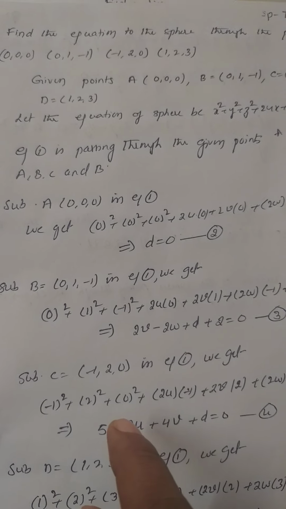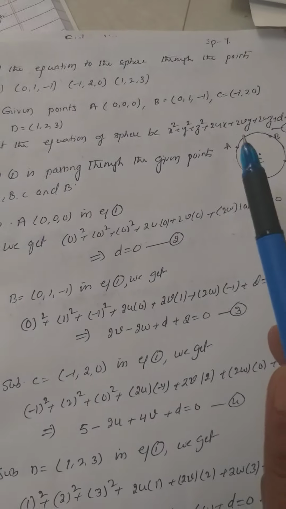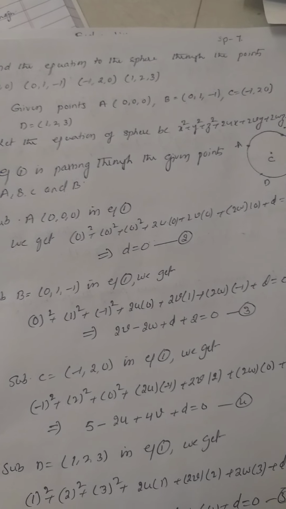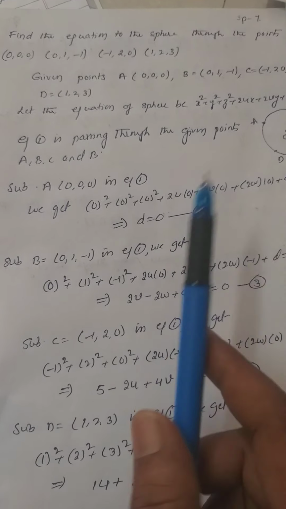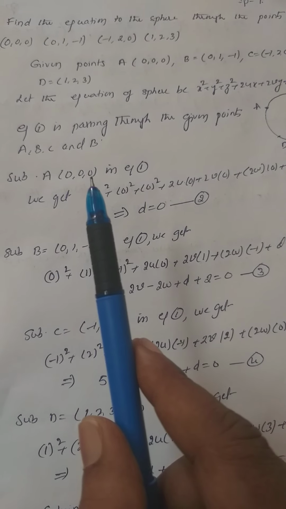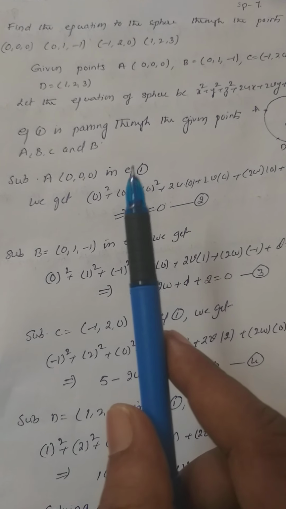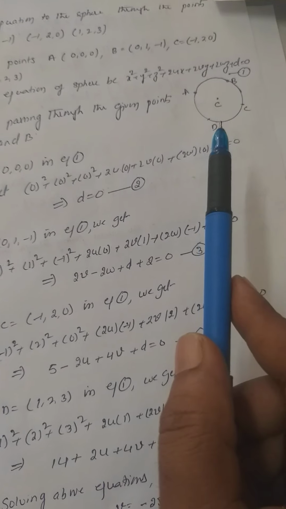Now let the equation of the sphere be this one, no? But this equation is passing through how many points? 4 points. What are they? A, B, C and D. Now we will substitute A is equal to 0 comma 0 comma 0 in equation 1. Why do we have to substitute this point? Because this point lies on the sphere.